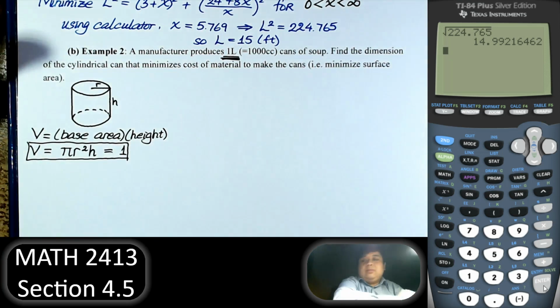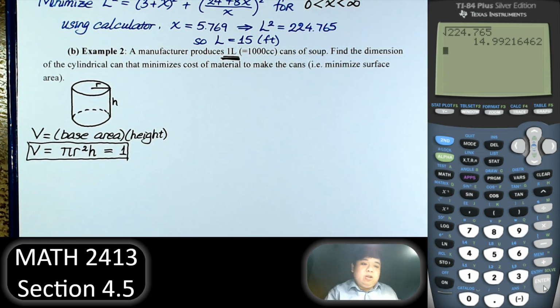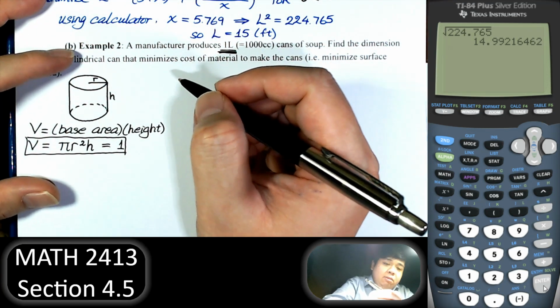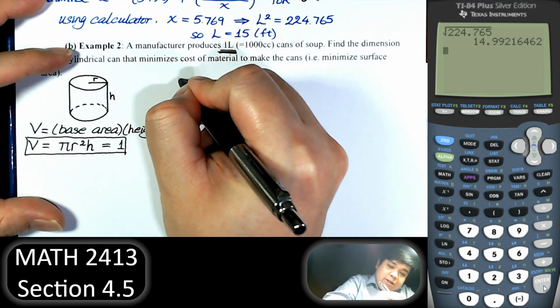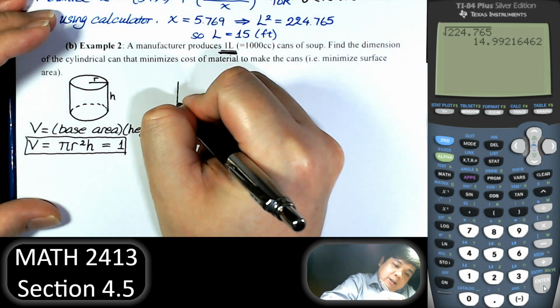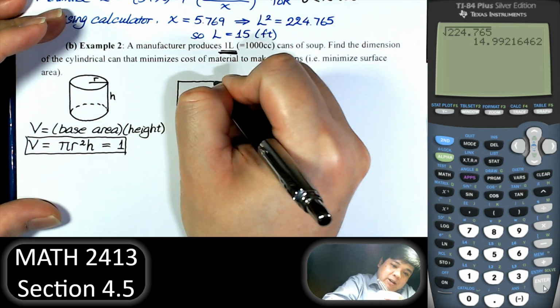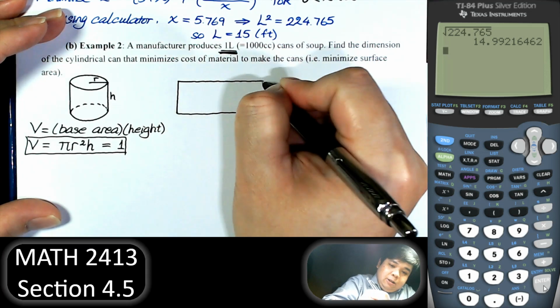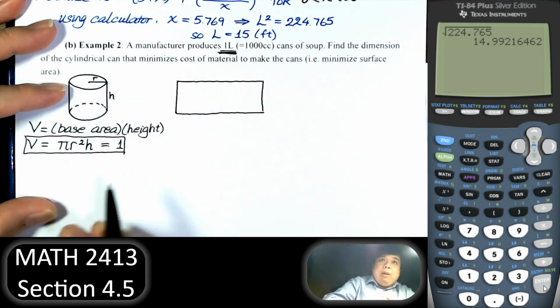What we're trying to minimize is the surface area, the amount of metal that makes the can. So how do we find the surface area? If we unroll the can, we have one sheet of metal.